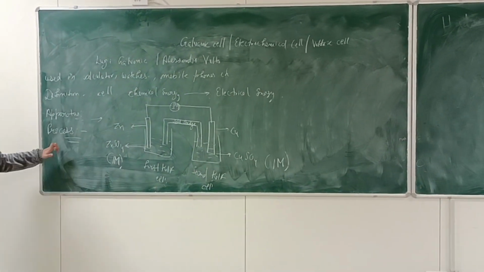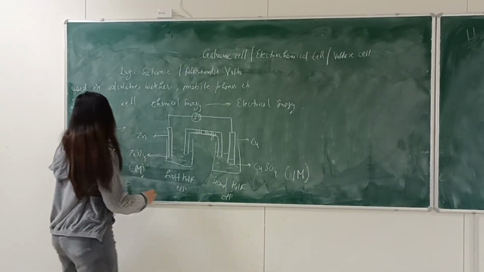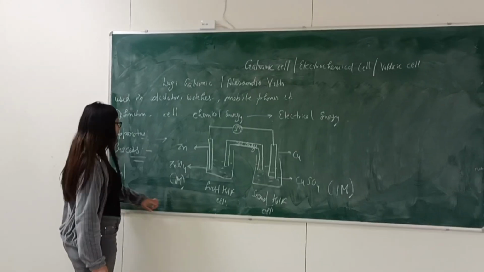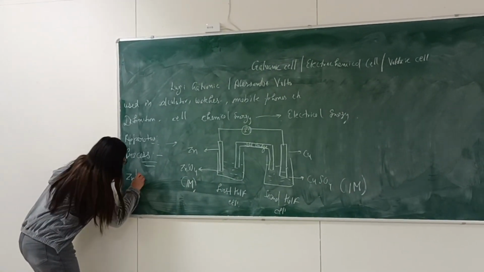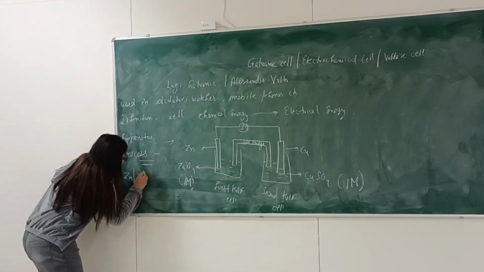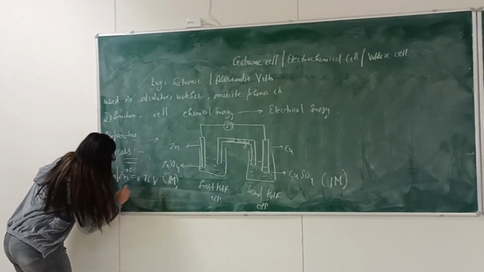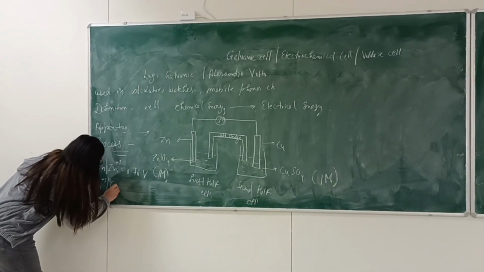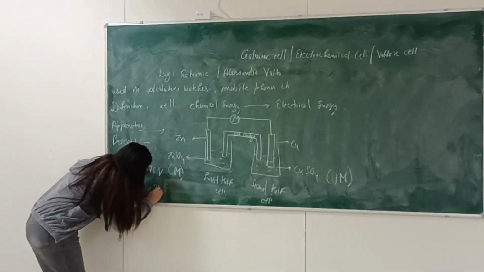Now let's see how the cell works. According to the electrochemical series, zinc converts to zinc 2 positive with the potential 0.76 volt, and copper 2 positive converts to copper with the potential minus 0.34 volt.